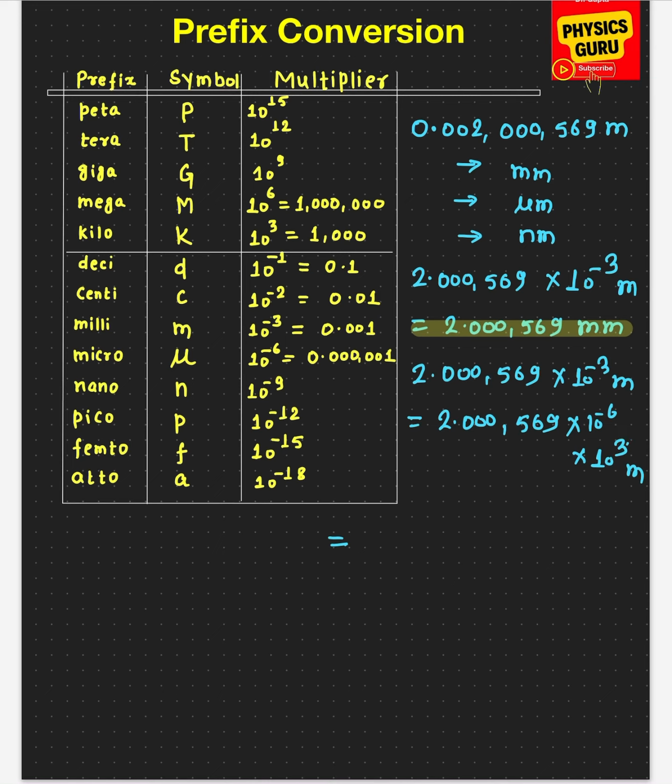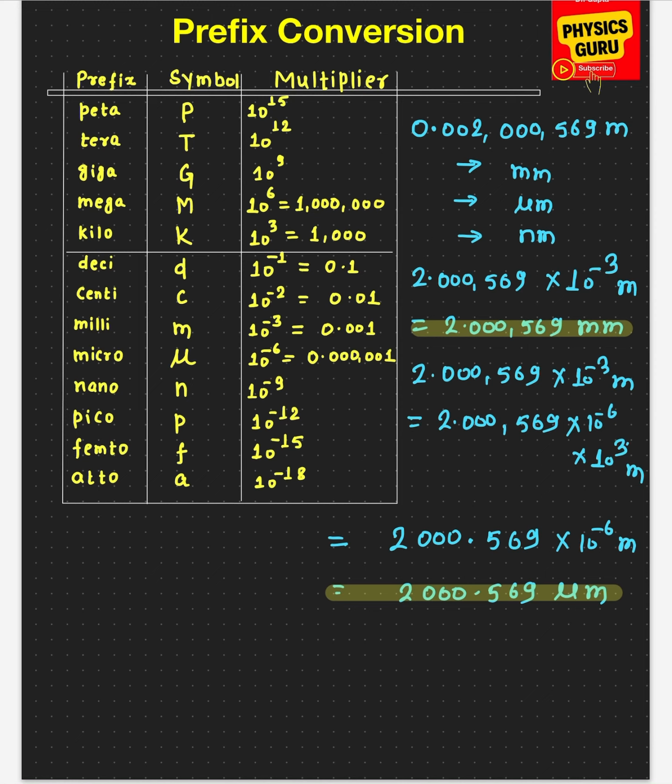So if I multiply this number by 1000, what I would get is 2000, and then the decimal here, 569 times 10 to the negative 6 meter. All I did is multiply this number by this number here, and I left this one as it is because this one stands for the micro. So if I do the math, what I would get is 2000.569 micrometer. So I converted into micrometer.